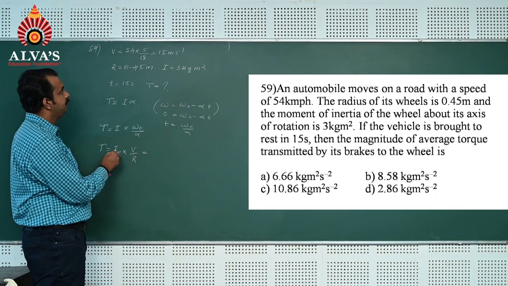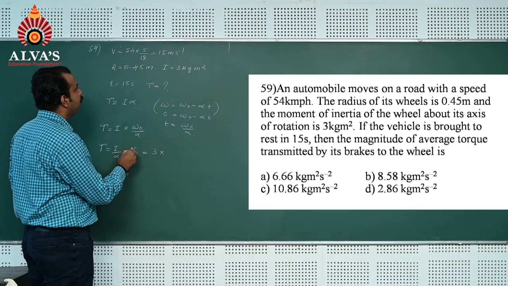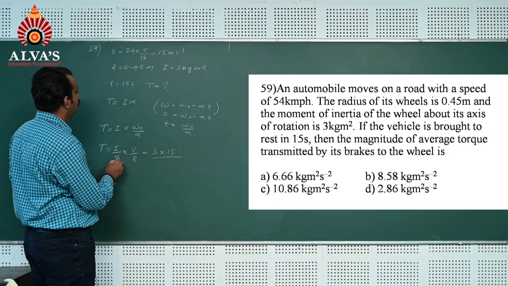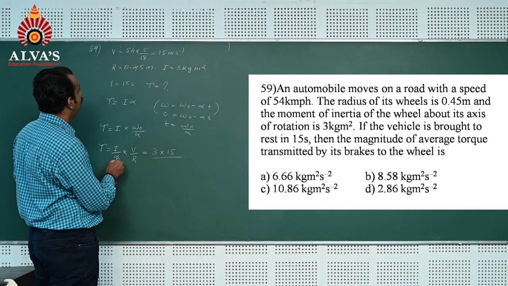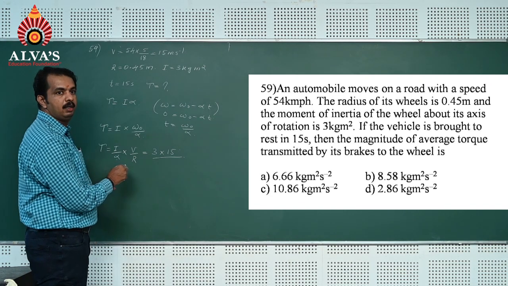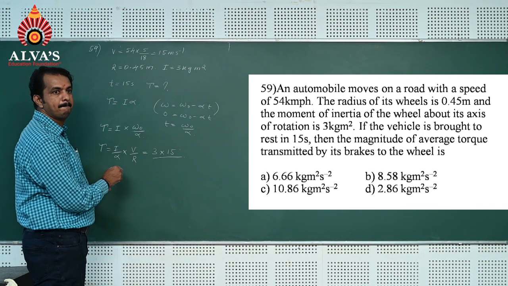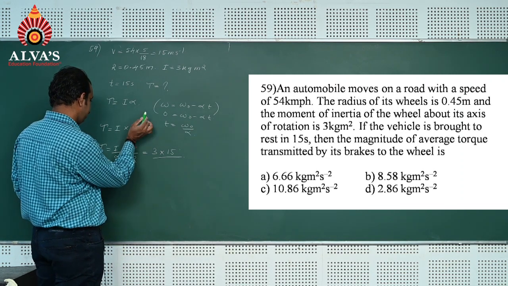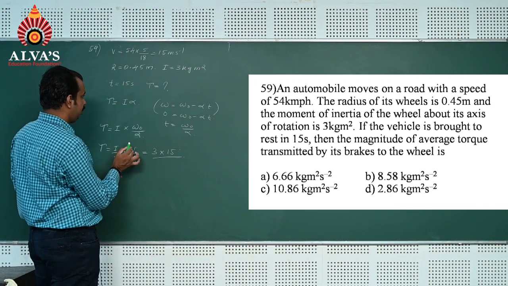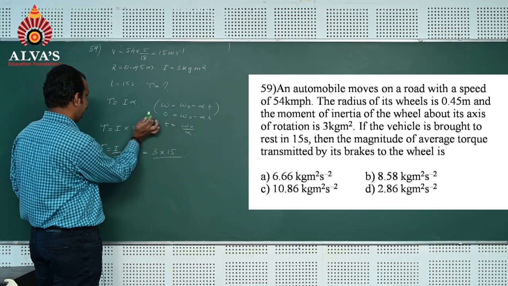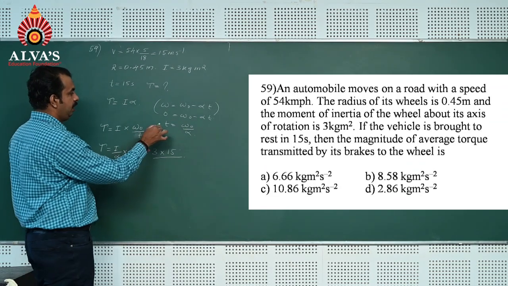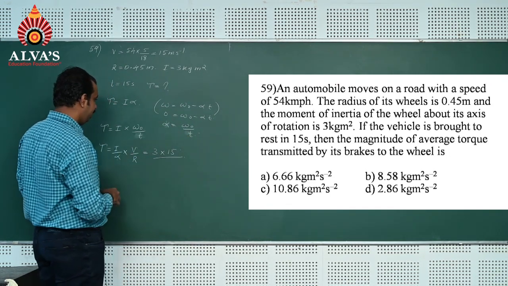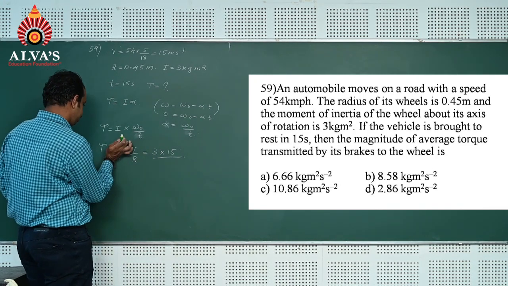The moment of inertia value is given, it is 3, and the value of velocity is 15, divided by time, alpha is equal to omega naught by t.